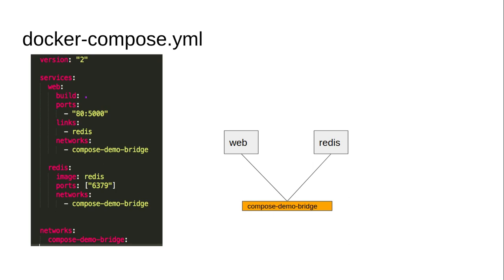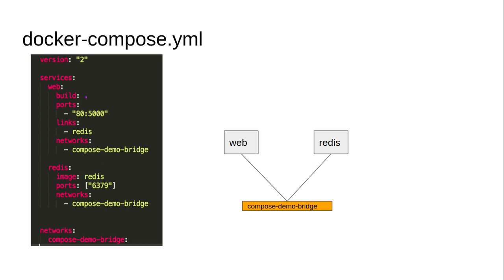Then the next key value pair I have is ports, because my Redis application is running on port 6379, and then again I'm giving the network, which is compose demo bridge. Now, how we can create the networks with the help of the compose file is, there is one more tag, networks, which is parallel to services, and then we can give that network name.